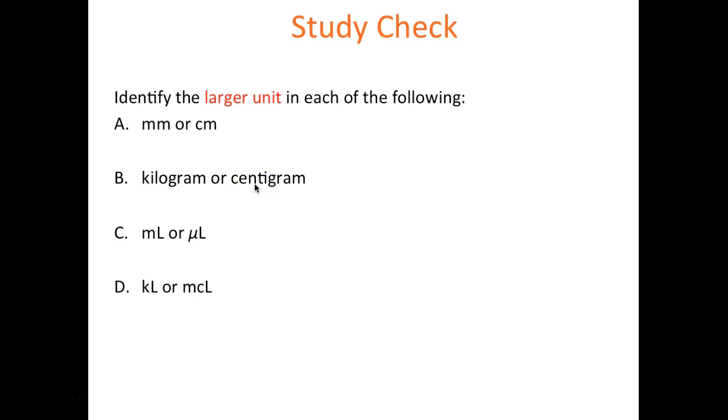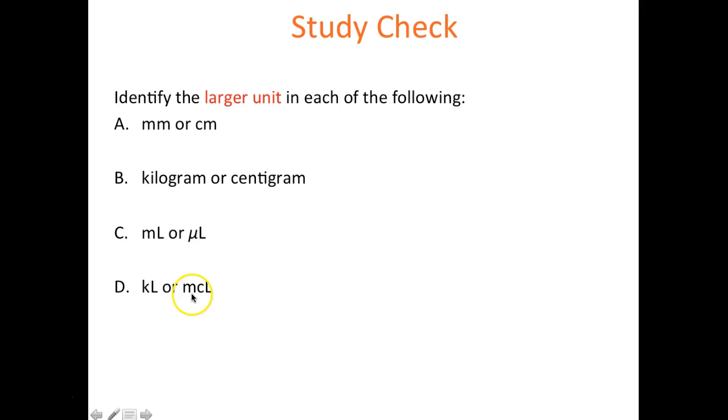There are 100 centigrams to a gram, and 1,000 grams to a kilogram, so the kilogram is definitely bigger. There are 10 to the power 5 centigrams to a kilogram. Milliliter or microliter. There are 1,000 microliters in a milliliter, so the milliliter is the larger unit.